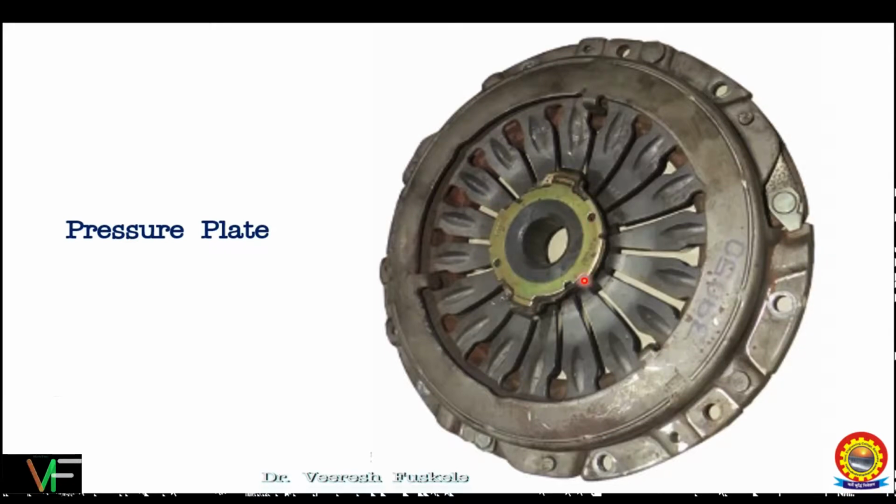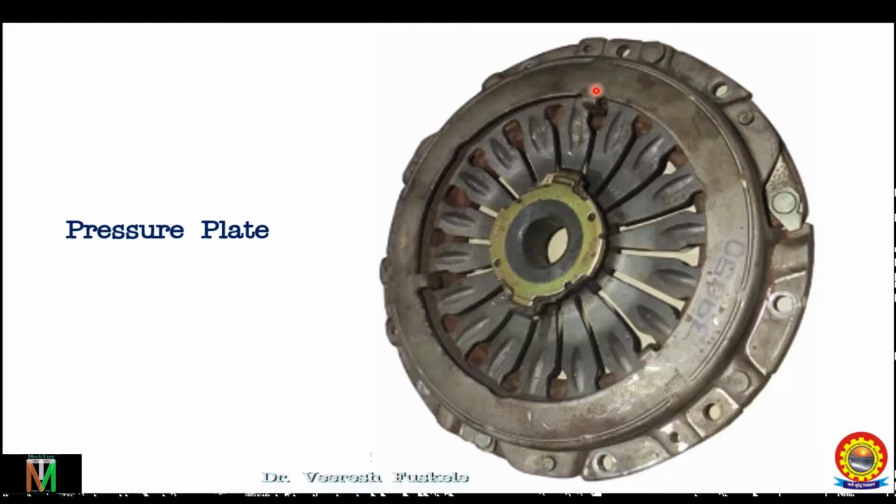When we apply a force, the fingers act like a pivot here, and so what happens to the other end? It is going to be pulled up, but this end is connected to the pressure plate. So the pressure plate also moves up, in the direction opposite to the applied force.